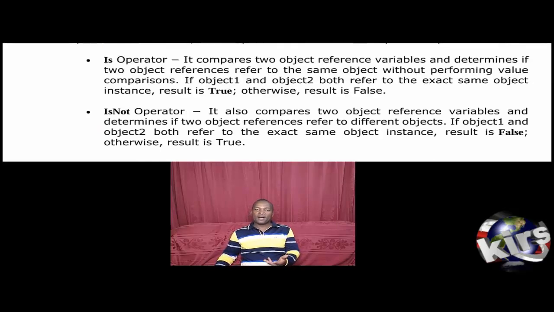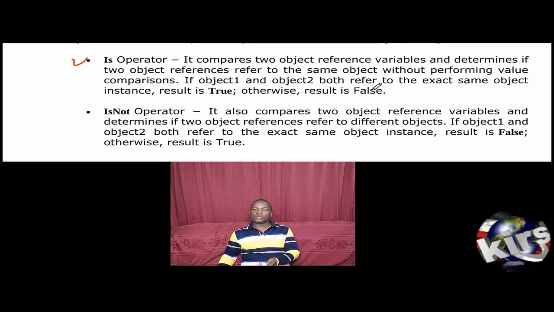Then apart from the above VB.NET comparison operators, we have these additional ones. We have this Is operator. It compares 2 object reference variables and determines if 2 object references refer to the same object without performing value comparisons. If object 1 and object 2 both refer to the exact same object instance, then the result is true.